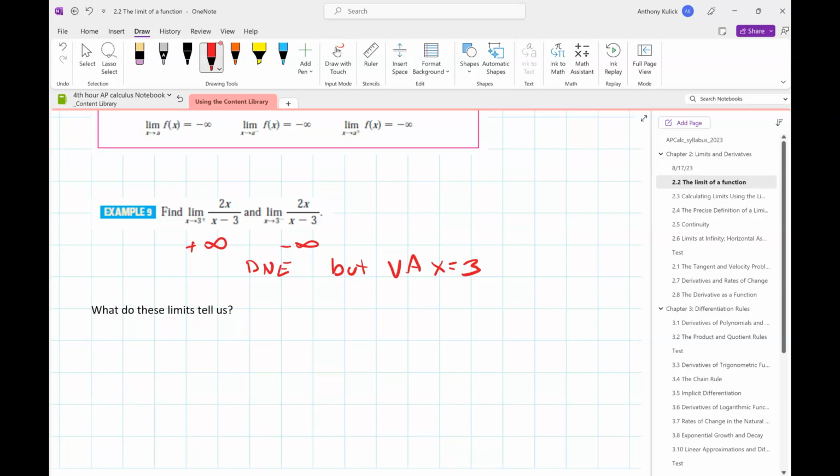It just says find this one and find this one, and then I say, what do these limits tell us? So the one limit is positive infinity, the other limit is negative infinity, and that tells us the limit does not exist, but the vertical asymptote is at x equals 3.